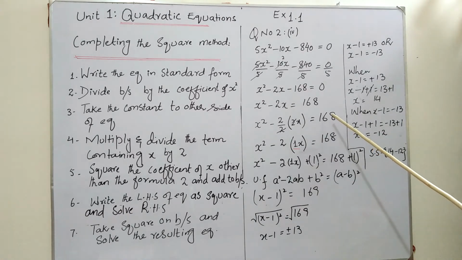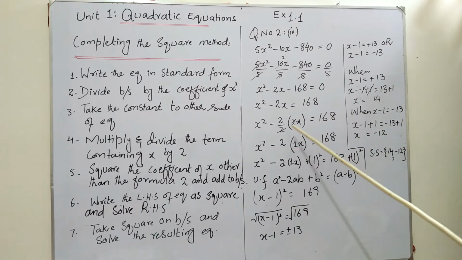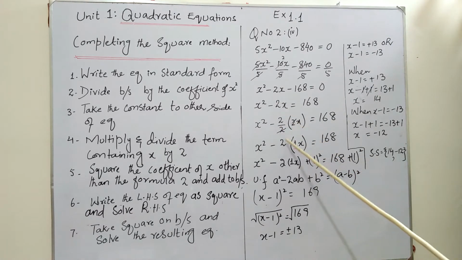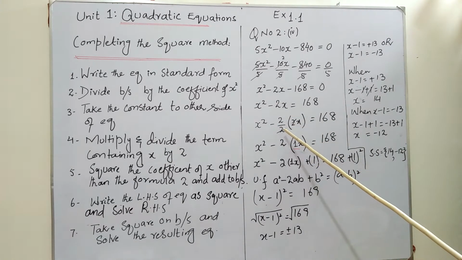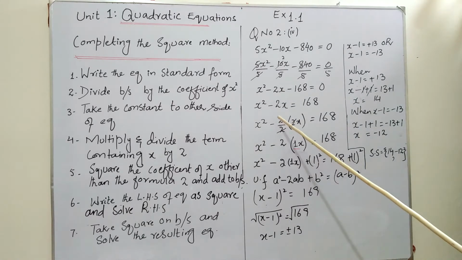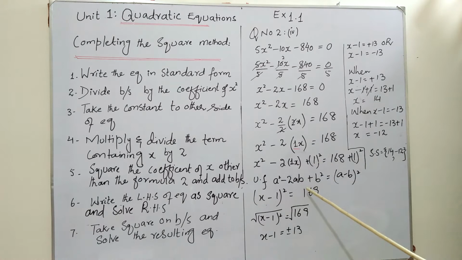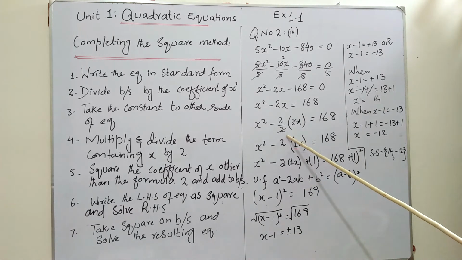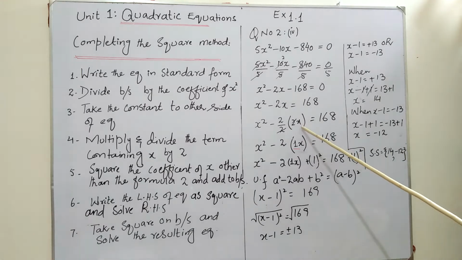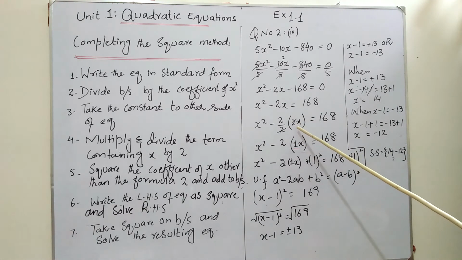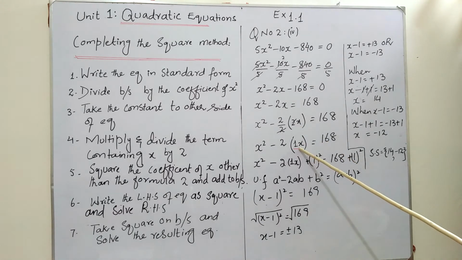Now after this step, the 2 which we have multiplied and divided, we will keep the 2 in the numerator aside, because later on we will use it for the 2 of the formula in the term 2ab, and the 2 which is in the denominator can be solved with the term which contains x. In our case, this 2 is cancelled out with 2 and we are left with 1x.